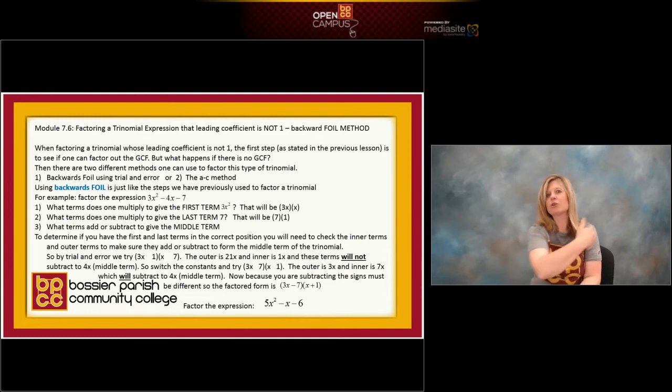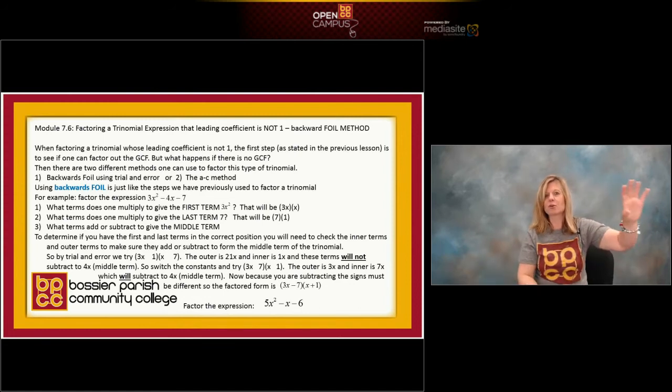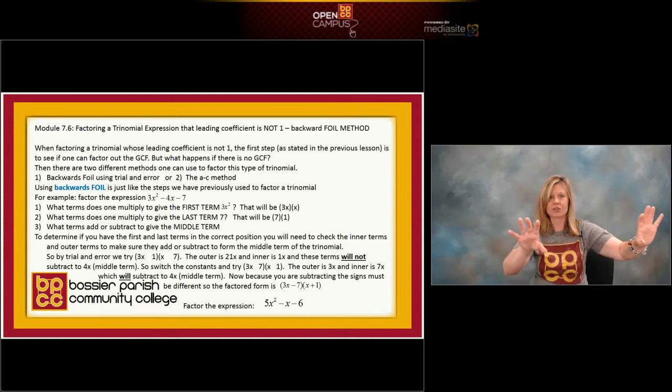Just like in the previous modules, I ask myself, what can I multiply in algebra to make 3x squared? We know x squared is x times x. So to have 3x squared, you would have to multiply a 3x times a 1x. That's my only option, so inside my first parentheses I'll have my 3x, and inside my second parentheses I'll have my x.